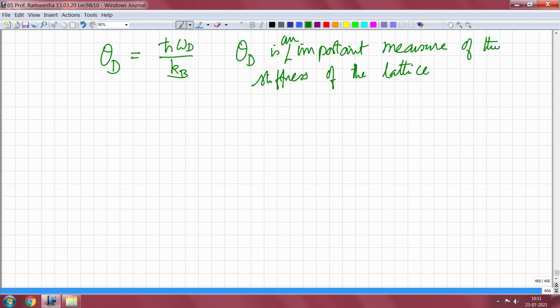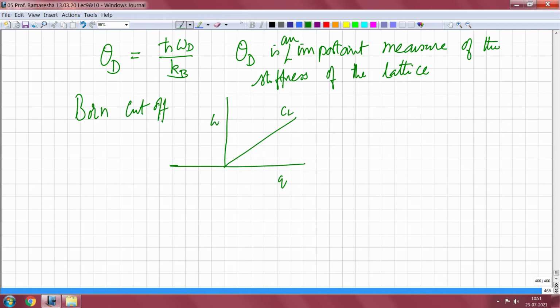Of course, there were different kinds of procedures that were evolved for cutoffs to improve the fit, and you had the Born cutoff, which assumed different velocities of sound. So the slope is CL for the longitudinal and this is the transverse.